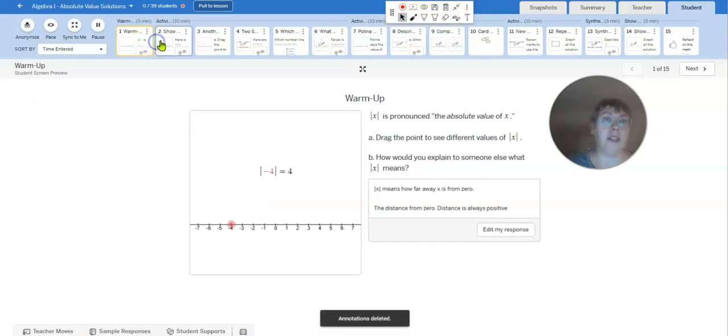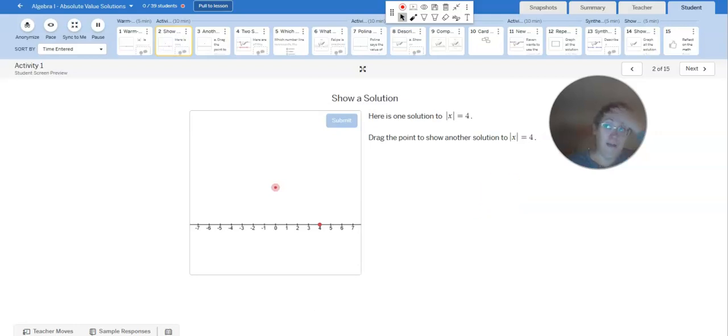Let's do some exploring with this on slide 2. So it says here's one solution to the absolute value of x is 4, right? Because this is 4 spaces away from 0. Drag another point to another solution where the absolute value is 4. So let's go 4 in the other direction. 1, 2, 3, 4.